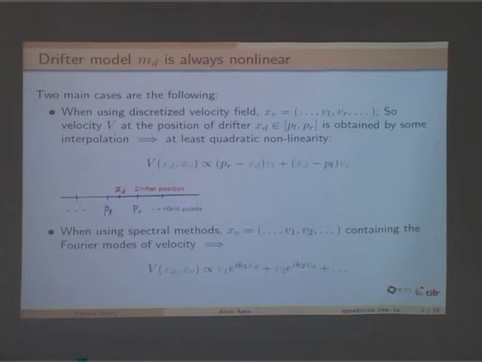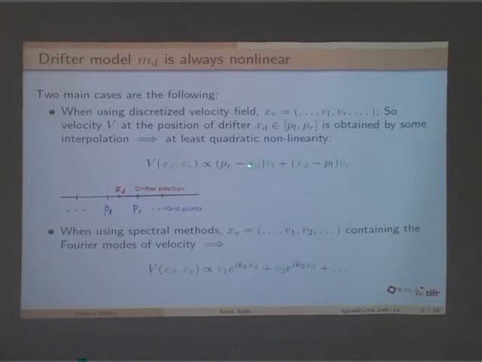If your drifter happens to be at the location xt, which is between these two points, then the velocity at the drifter is given by a linear interpolation of the velocity on the left, VL, and the velocity on the right, VR.